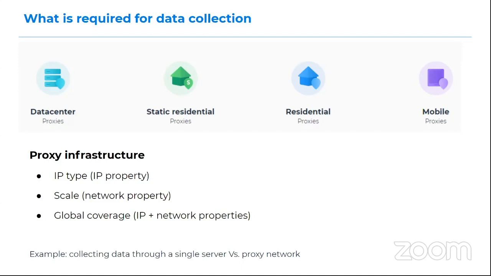Sure, and I'll also show that in more detail later, but basically every IP on the internet is listed with a certain number of characteristics. Among them are the geolocation and also the usage type.